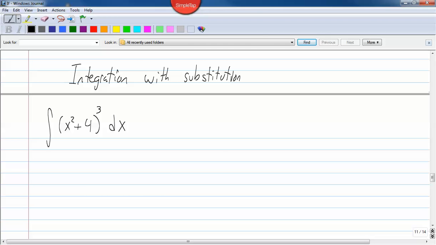However, let's say that we had the integral of 6x times x squared plus 1 to the fourth. Alright, so the first thing that I need to do is I need to identify a u.